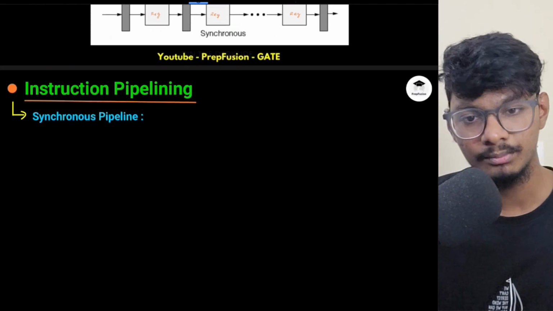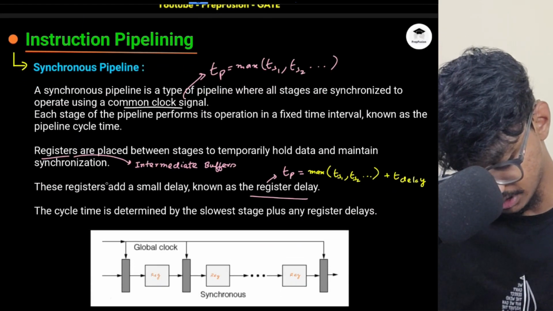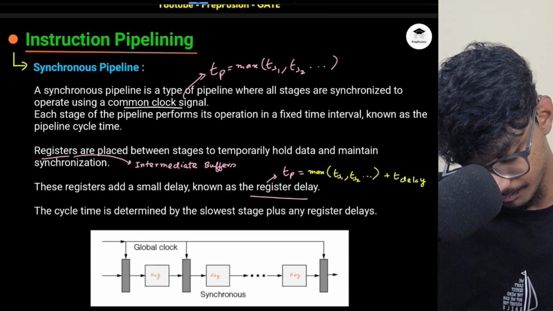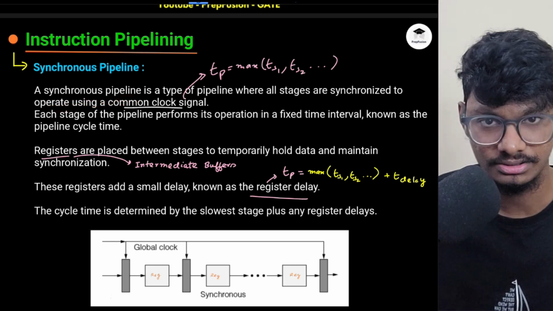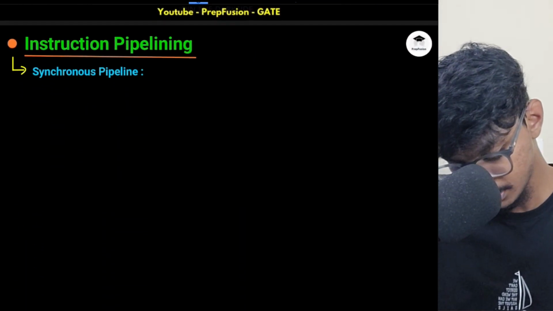So why are buffers required? Buffers are required to synchronize the pipeline stages. That is the task of a synchronous pipeline, right?